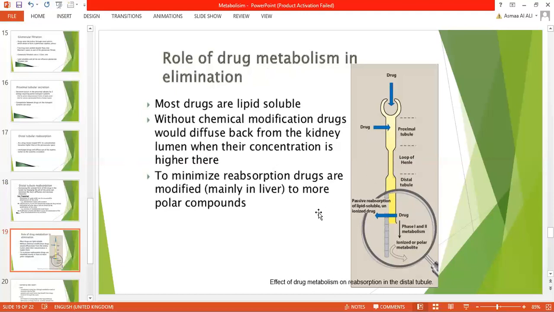To minimize reabsorption, drugs are modified mainly in the liver to more polar compounds to enhance their excretion or elimination.